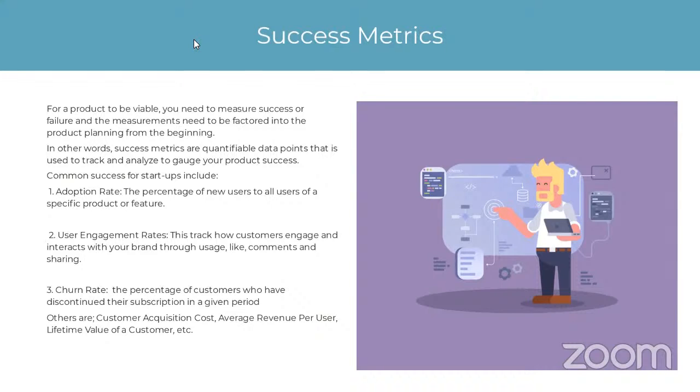Common success metrics for startups include adoption rate. So you want to understand the percentage of new users to all users of a specific product or feature. Let's say you build your MVP and you've taken $50 and launched a marketing campaign, a sponsored ad on Facebook. You really want to look at your data backend and understand the number of people that have signed up to your product.